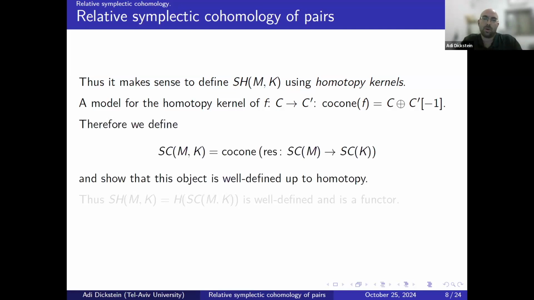Then we define the complex of (M, K) to be the cocone of the restriction map at the chain level from the complex of M to the complex of K. This object is also defined up to homotopy, and we define its homology to be the relative symplectic cohomology of the pair (M, K).